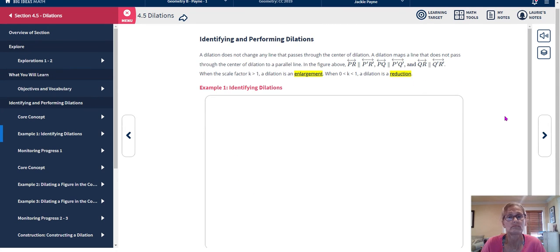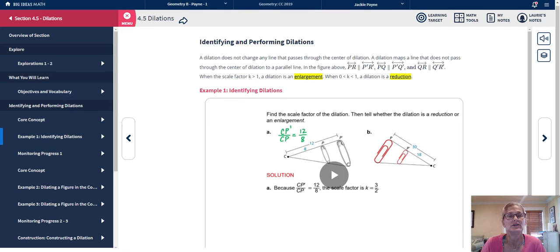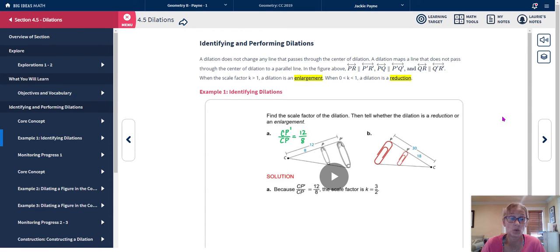As you can see, all these angles are going to be the same. Now, to identify it, you do have to make sure you know which direction you're going. Are you starting with a small one and going big, enlarging? Or are you starting with a big one and going small, reducing? So a dilation doesn't change any line that passes through the center of dilation.